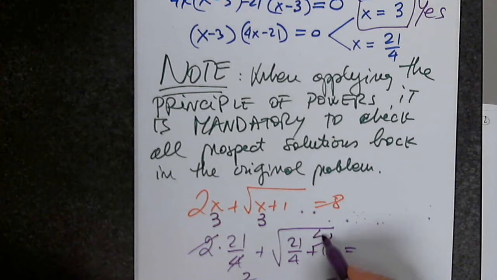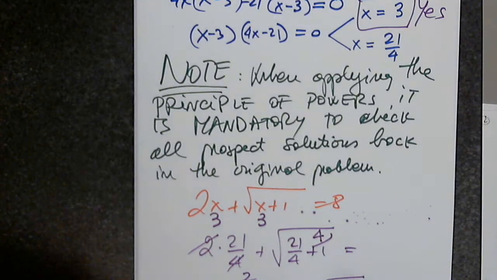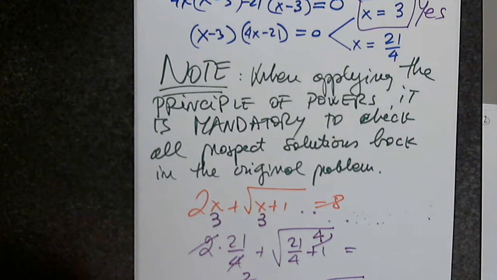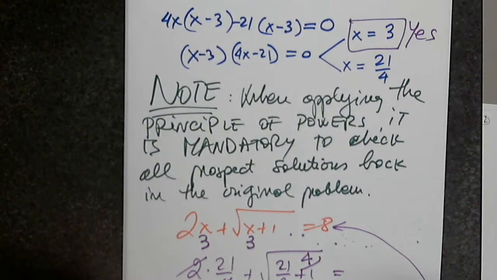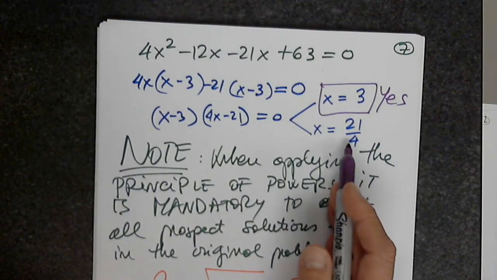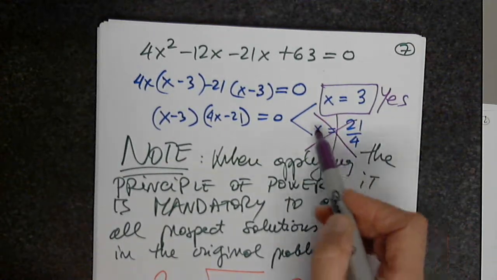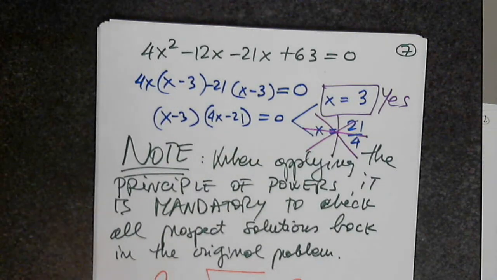I need to multiply this by 4 because it's 1 over 1. 21 plus 4 is 25. 21 over 2 plus 5 over 2. But this is 26 over 2, which is 13. Since 13 does not equal 8, what do I conclude about 21 over 4? So the only solution of this equation is 3.